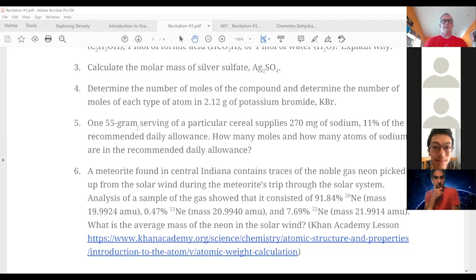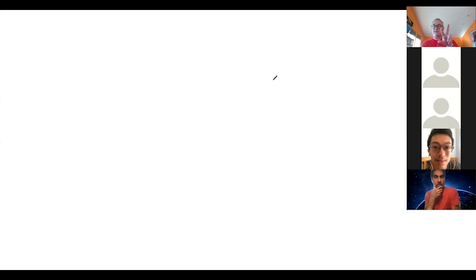When we take an average, we have to take into consideration 2 things. What's the distribution of those 3 different atoms?